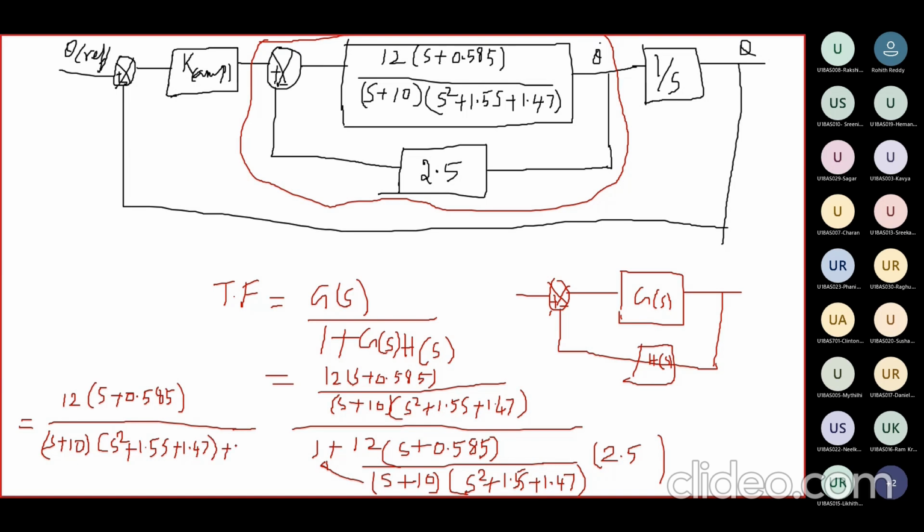plus 12 into s plus 0.585 times 2.5. 12 into 2.5 we will get 30.